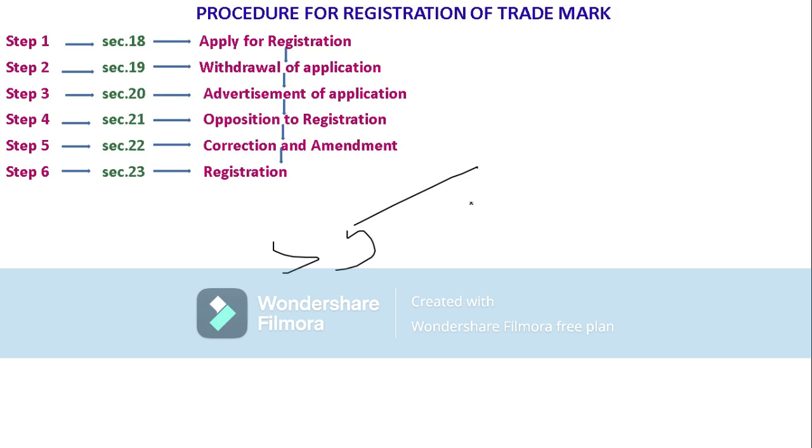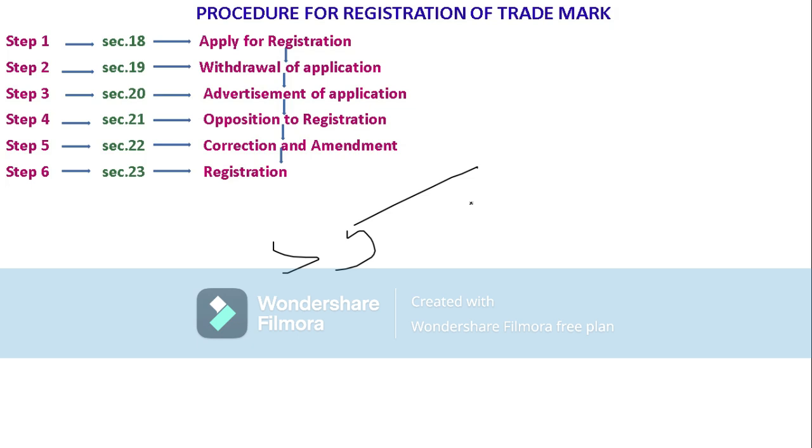According to section 5, we have the trademark registry, and here the traders will register their trademarks. The central government decides where the head office of this trademark registry should be.